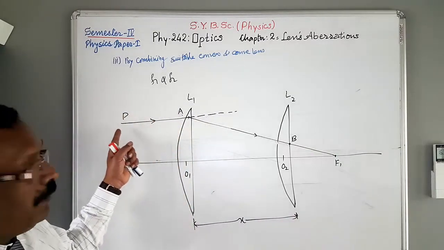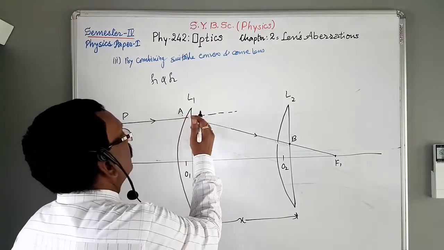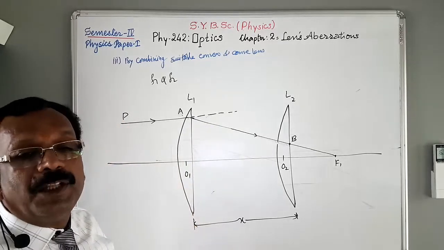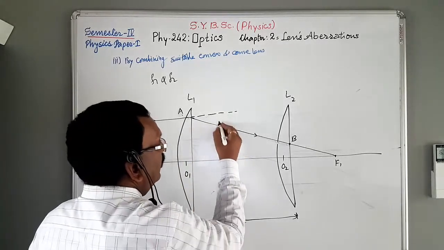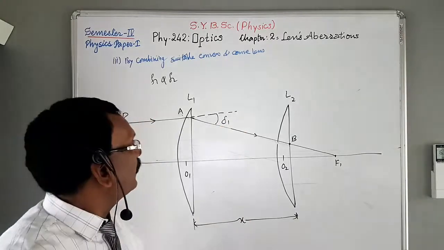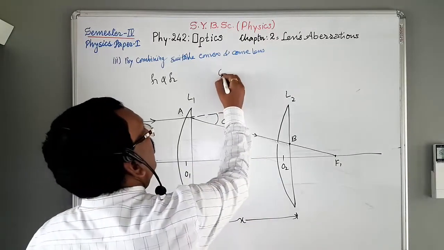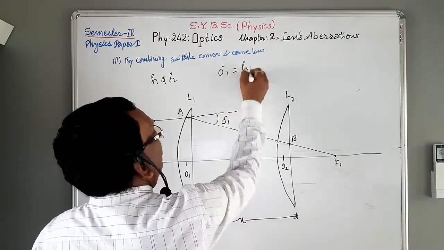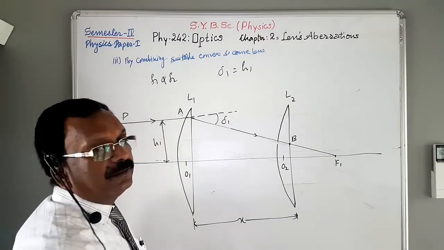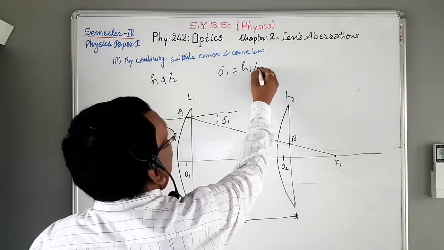When the incident ray PA strikes the first plano-convex lens, it will get refracted. The angle of deviation is delta 1. Delta 1 depends on the height, that is this height h1, and the focal length of the first lens, that is f1.